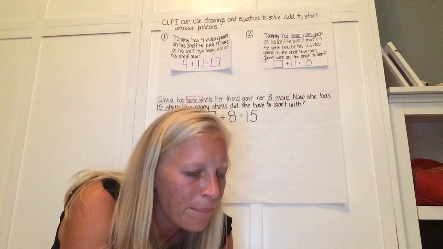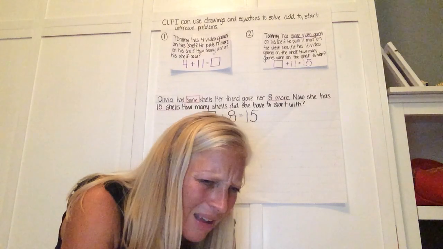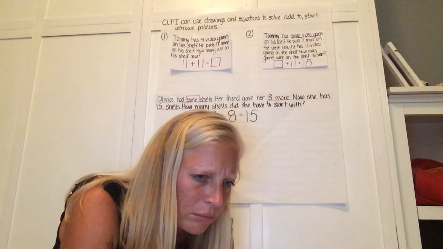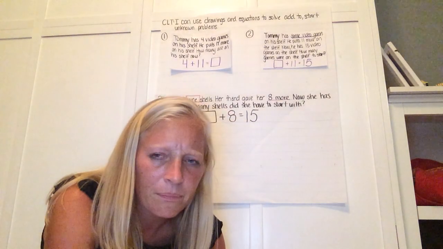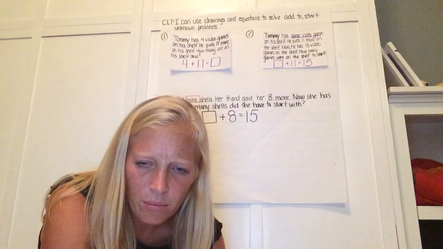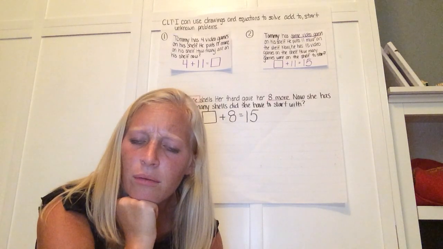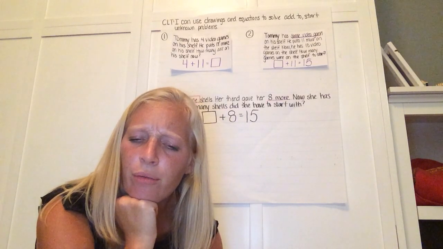Where are you starting? Then what are you doing? Okay. How do you know where to stop? Where are you starting? Are you adding or subtracting? Where's the part that you know?